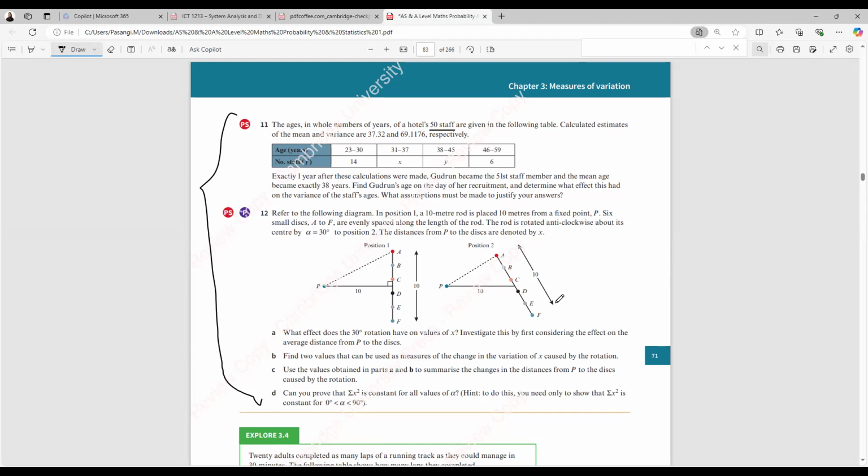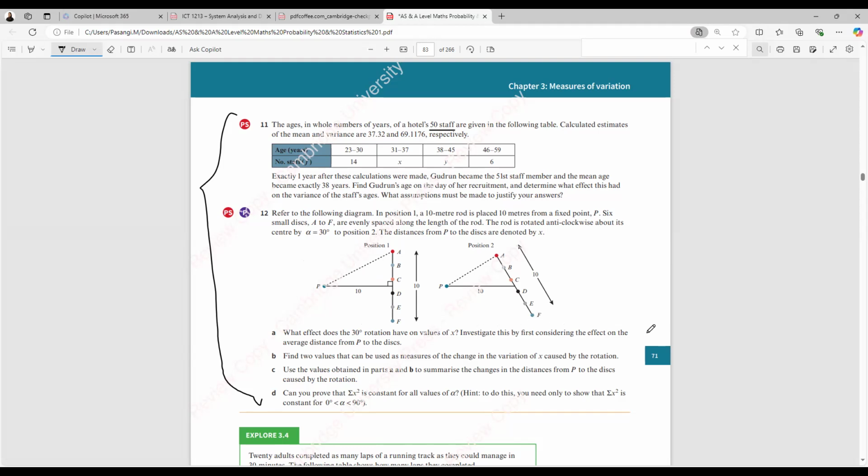Investigate this by first considering the effect on the average distance from P to the discs. What you have to do is first calculate all the distances in position 1. Position 1 එකේ තියෙන මේ ඔක්කොම separate distances අරගෙන first you have to calculate those ones. And then you have to calculate the respective distances in position 2 as well.